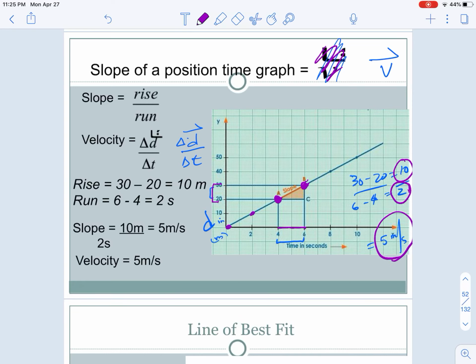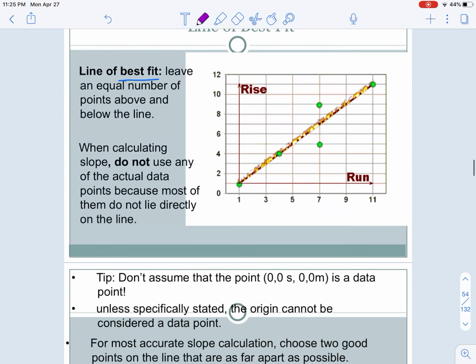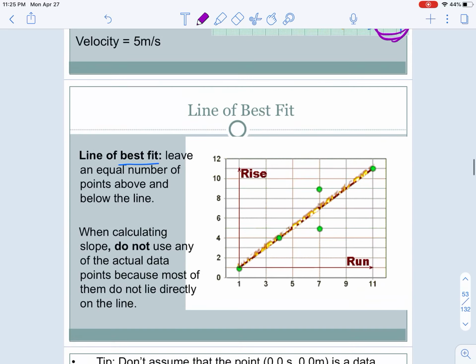And for the same 2 spots, the run here is 6 minus 4, and that would be a 2. So 10 over 2 is 5 meters per second. You guys could try it from here and here, which would be 20 over 4, which is still going to give you 5 meters per second. So no matter what you use for your rise over run, whichever spots, you will always get the same answer for the velocity on a graph.